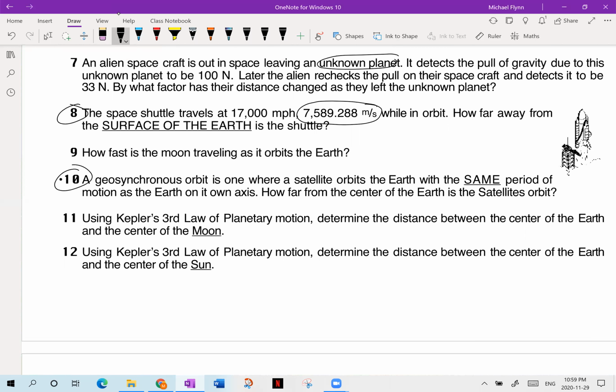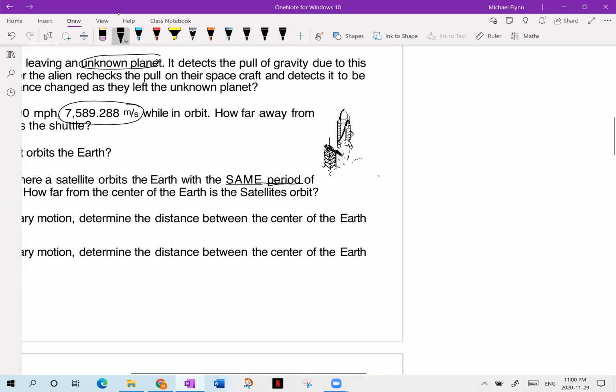It says a geosynchronous orbit is one where the satellite orbits the Earth with the same period of motion as the Earth on its own axis, which is a 24-hour cycle. How far from the center of the Earth is a satellite's orbit? So here you can use r cubed over t squared equals G times mass of Earth divided by 4 pi squared. And that'll save you some time. I like using that little Kepler-Newtonian derivation of the equation. It's just a combination of universal gravitation and Kepler's third law.